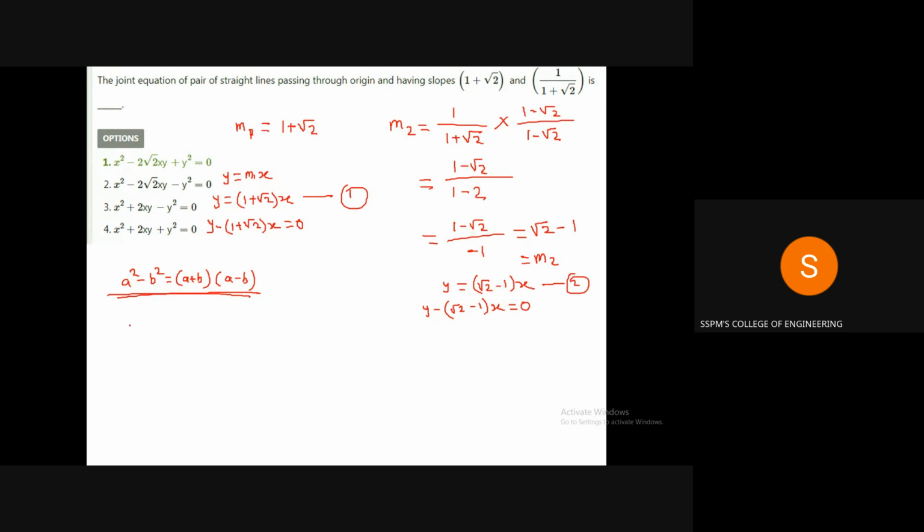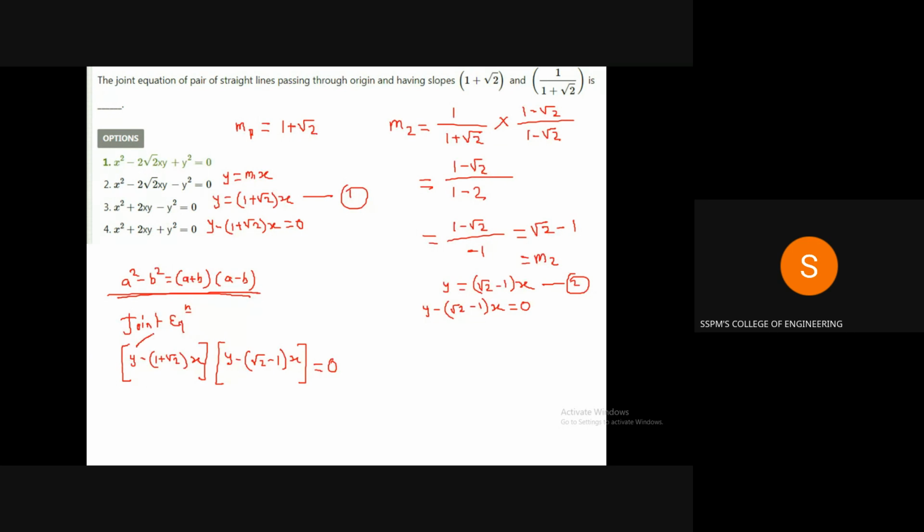So these are the standard forms of the equations. Now how can we write the joint equation? The joint equation will be obtained by multiplying these equations. So we multiply y minus (1 plus root 2)x, this is our first equation, and the second equation is y minus (root 2 minus 1)x is equal to 0. Now we have to multiply this.